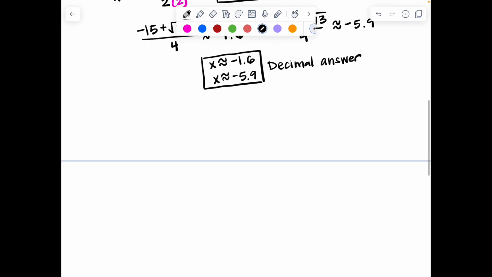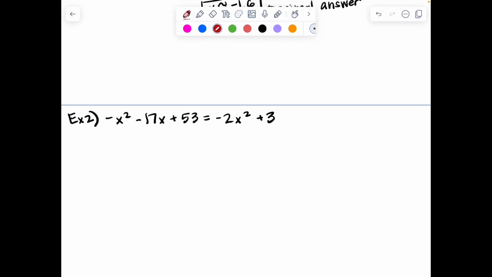All right, let's do another example. So this is not in standard form. We need it to be in standard form. So let's move items to the left.